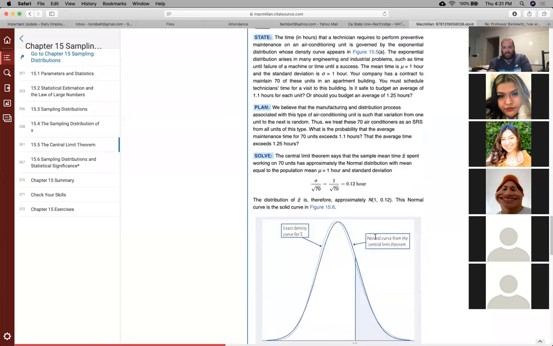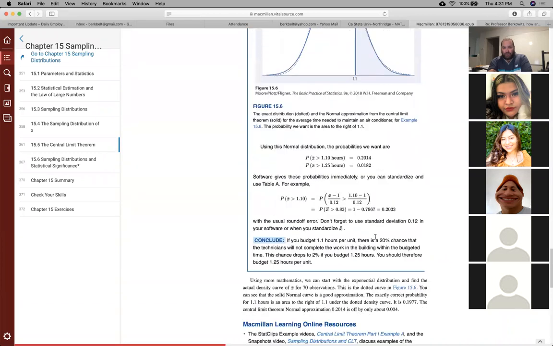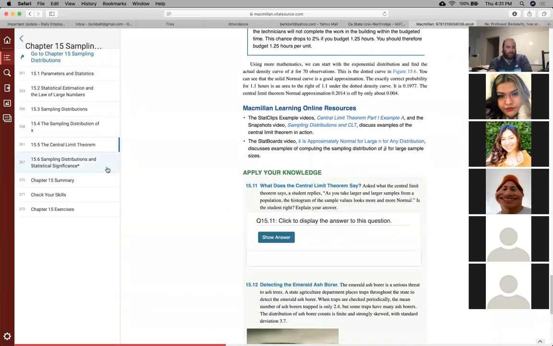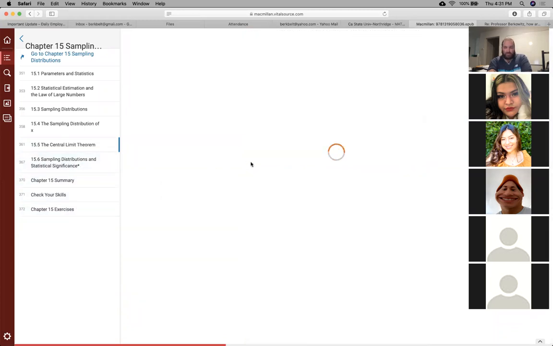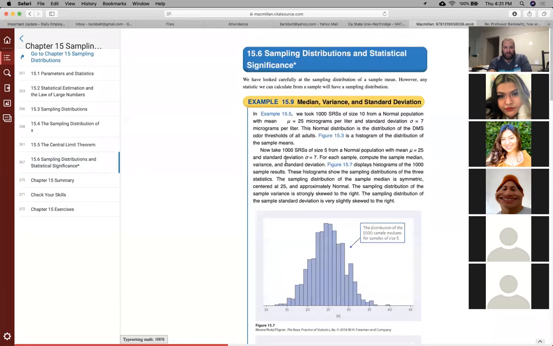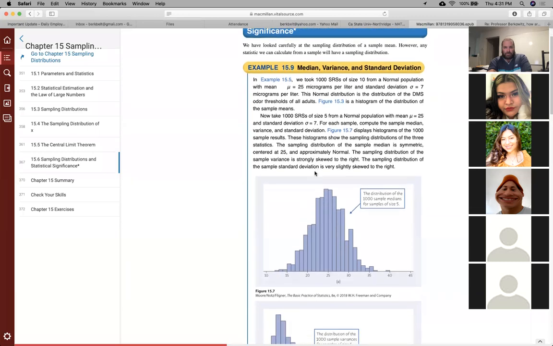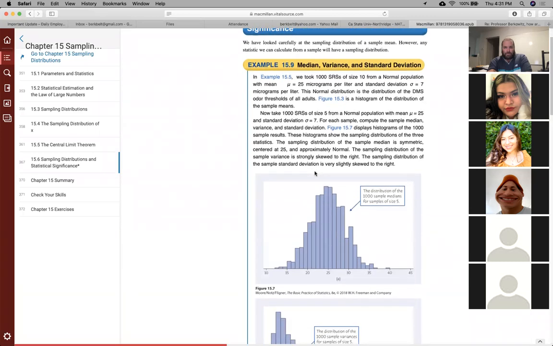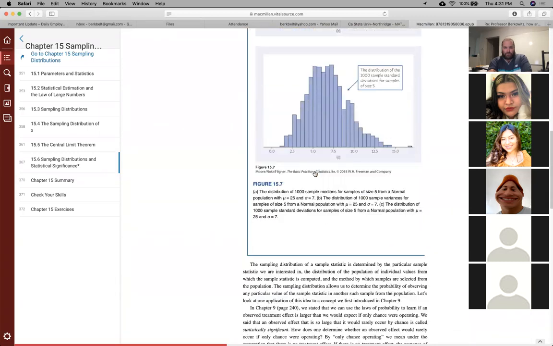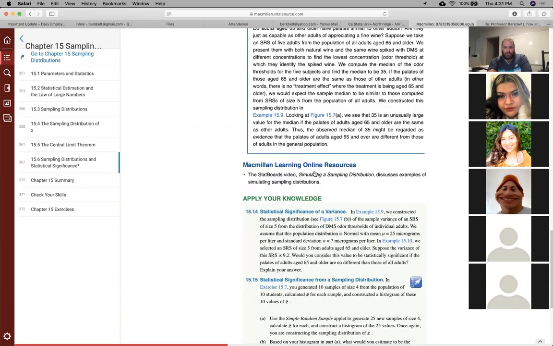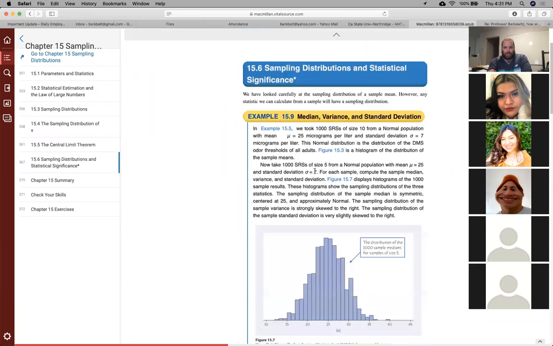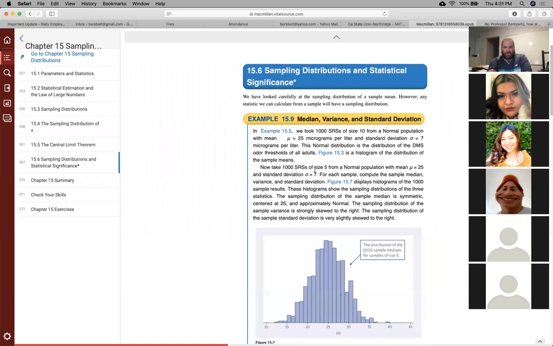So we did all that last time, including an example. We're going to do some examples from the exercises. So let's just see what section 6 is. They're talking about statistical significance.